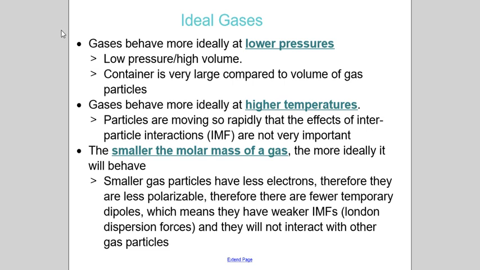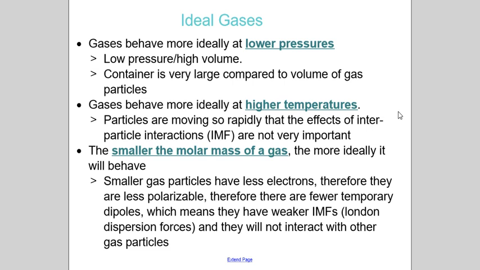Gases behave more ideally at low pressures, so generally you keep gases at lower pressures, higher volume situations. The container is very large compared to the volume of gas particles. Gases behave more ideally at higher temperatures because they have faster movement, so they don't linger. They move past each other before IMF forces can really modify them in any way.